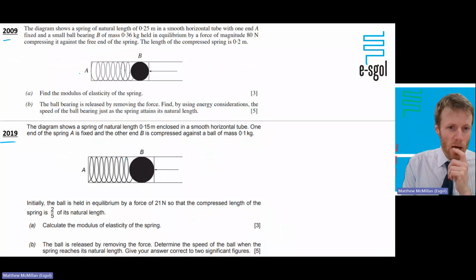I think it's talking about the modulus for part A, and then for part B, the speed. So they're really similar questions, and I guess it demonstrates the value of doing lots of past paper questions, because you might find one that's very similar to one that will be in your exam. I don't think this means that every 10 years you're going to get the same question.